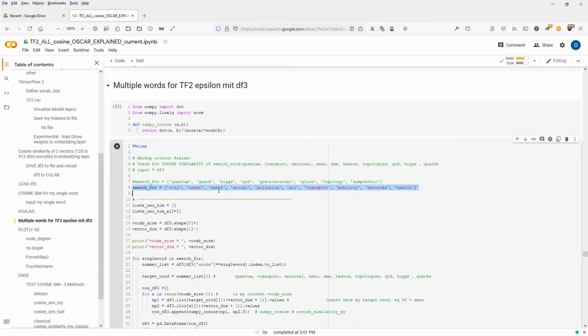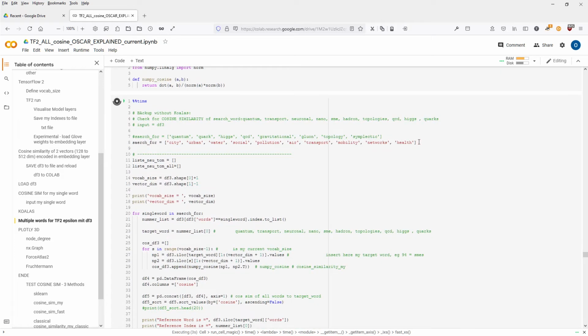I'm interested: how is water, the epsilon vicinity of water in the semantic context, given only by the sentences, only by the content of the 34,000 R&D projects? How is water interlinked to city and urban? How is water interlinked to social, pollution, air, transport, mobility, networks, health, whatever you define here.